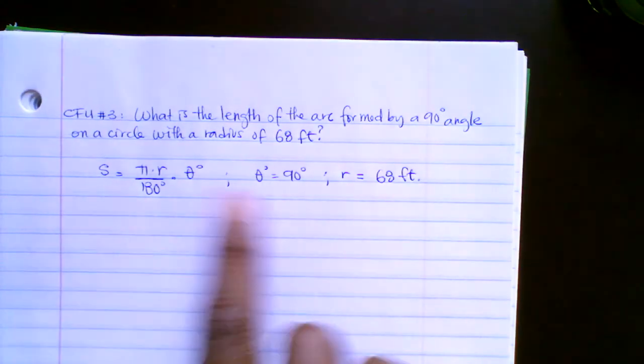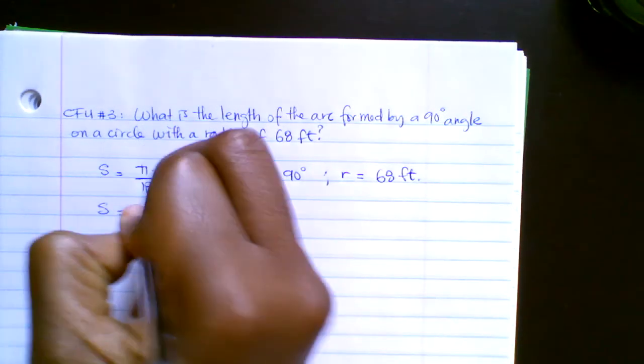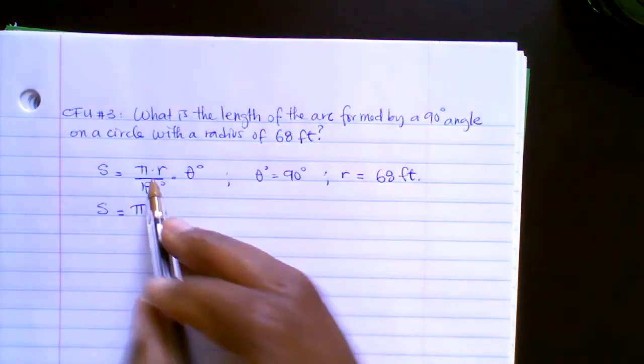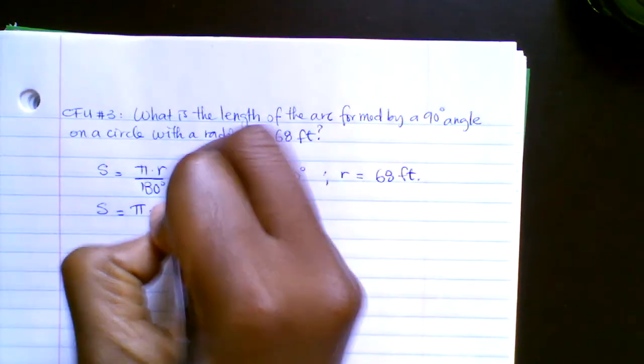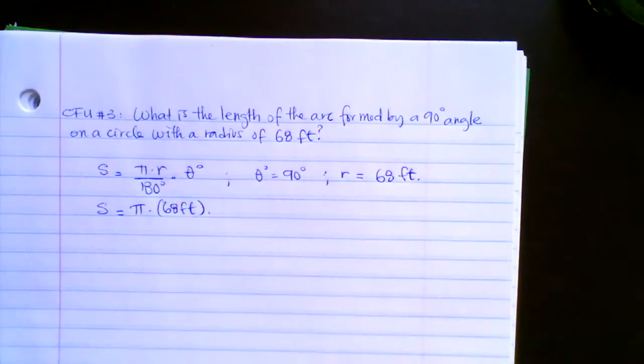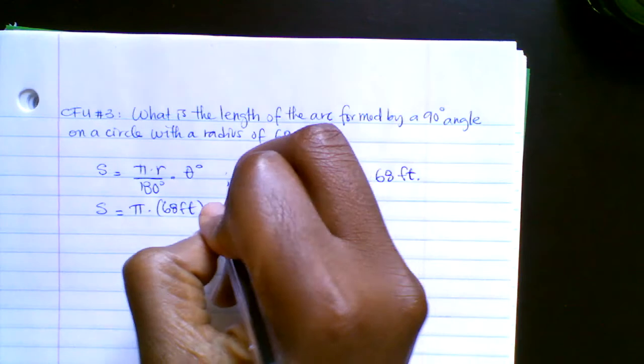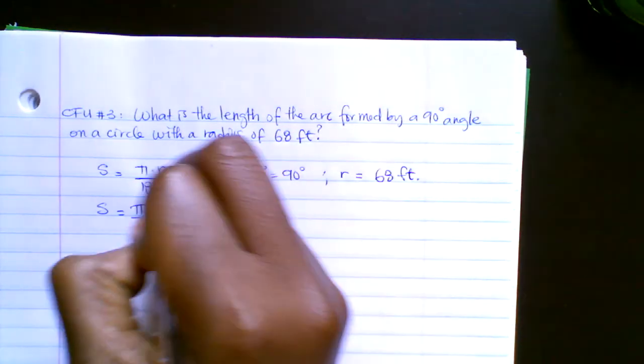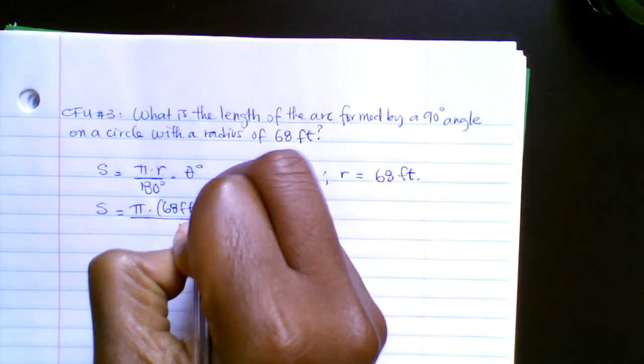Okay, so what I'm going to do next is replace the radius with its value, which is 68 feet. And theta in degrees is 90 degrees. Everything will be divided by 180 degrees.